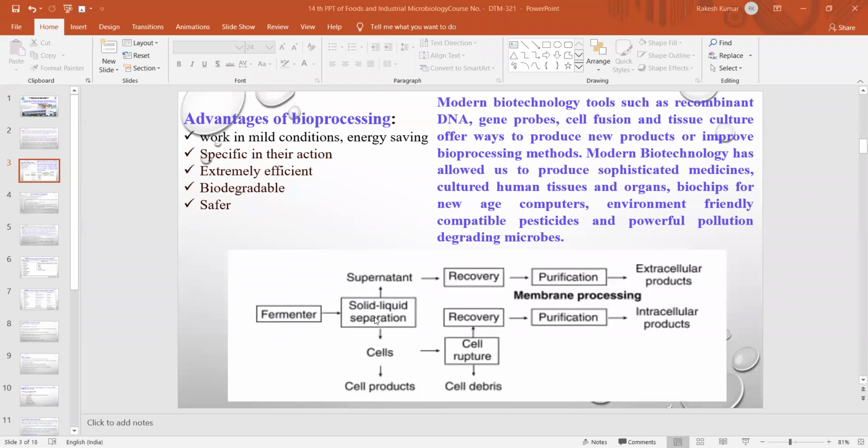And it is a very efficient process, and it is also biodegradable in nature, and safer. So these are the advantages whenever you are selecting a particular type of bioprocessing method.